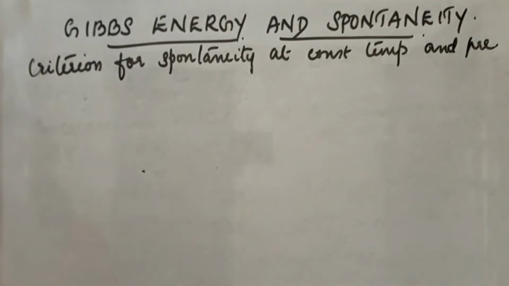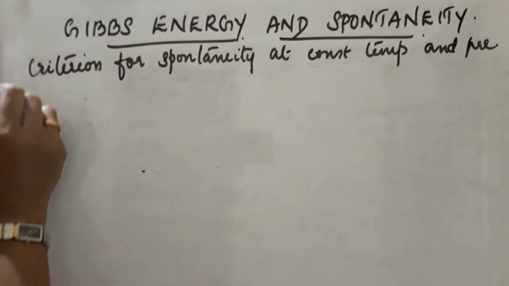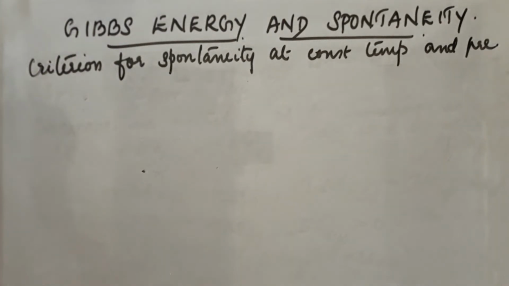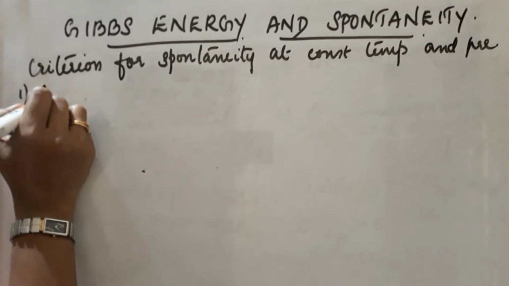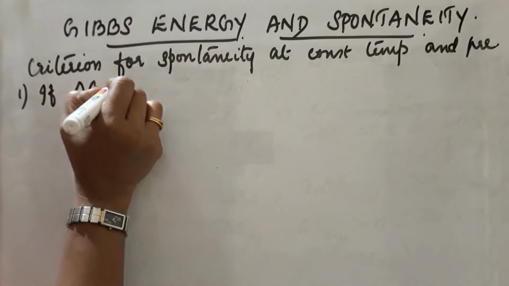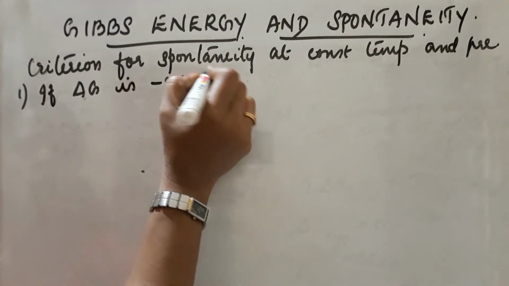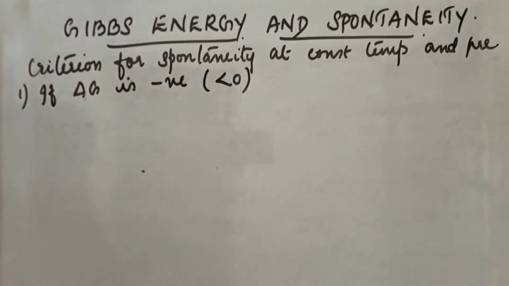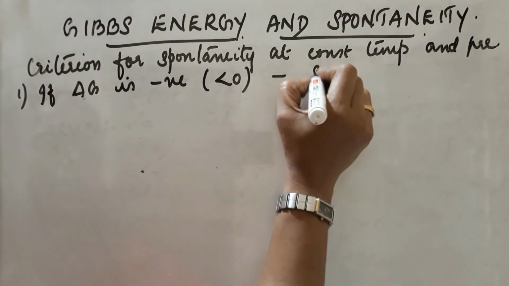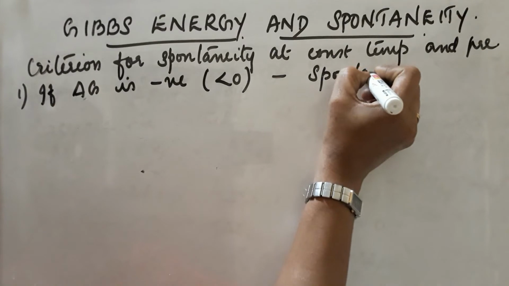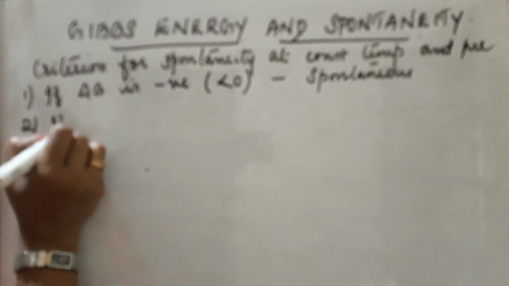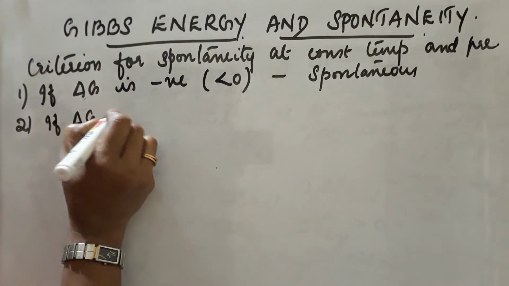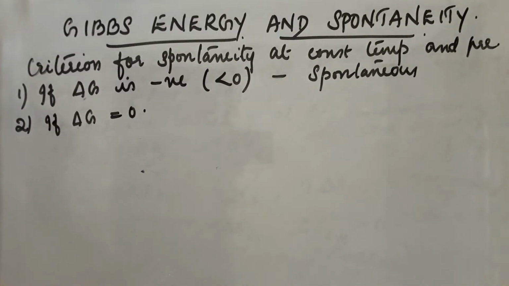If delta G is negative, or less than 0, that is the first case, the process is spontaneous. Second condition, if delta G is equal to 0, what happens?